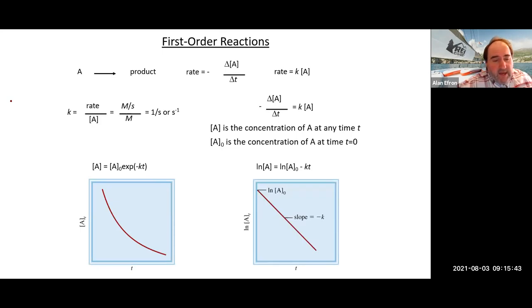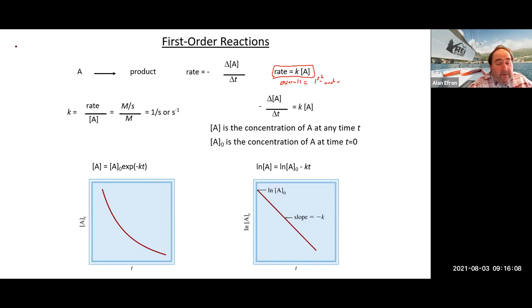So a first order reaction can be achieved by really 2 ways. You could have 1 reactant where the order is 1. And that gives you a rate law of the rate is equal to k times A to the 1, which means the overall order here obviously would be first order.